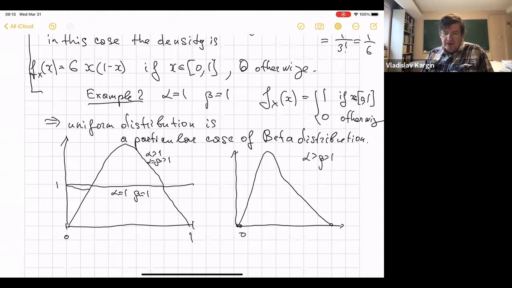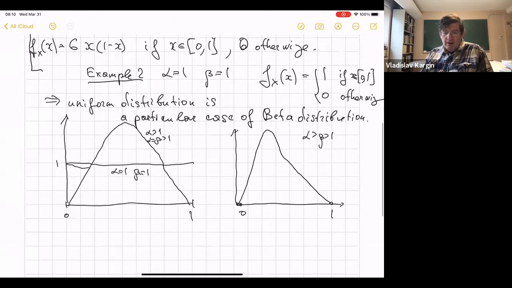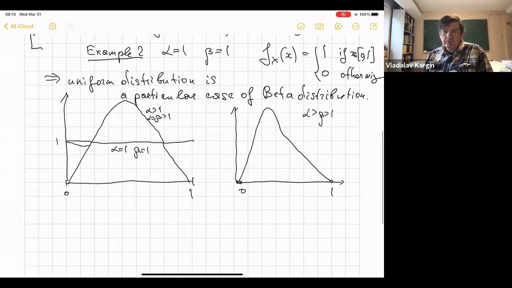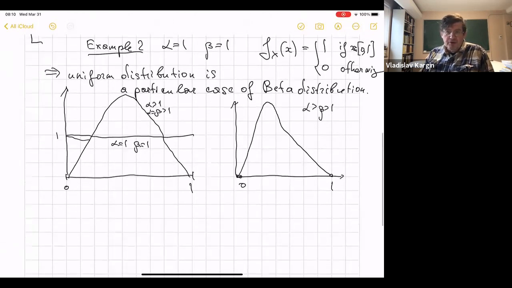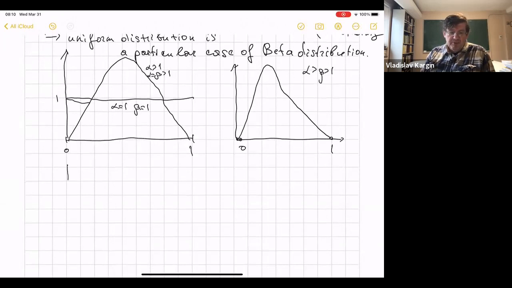And here it's again on 0 to 1, but it turns out that in this case it's shifted a little bit to the left. And so it gives a lot of possibilities for modeling. Also, it is possible to have a shape like that.